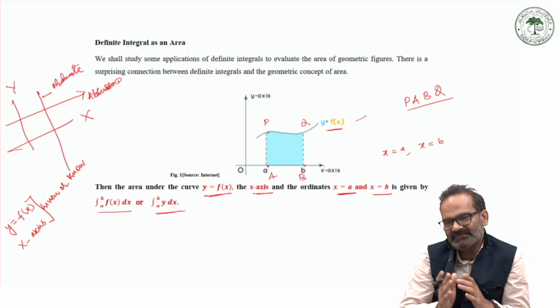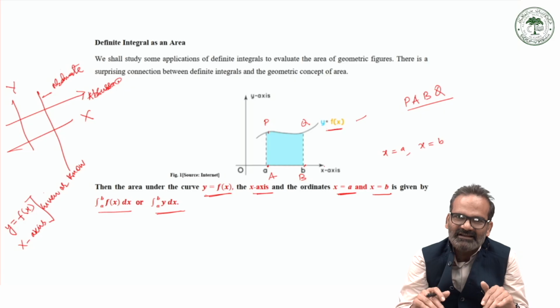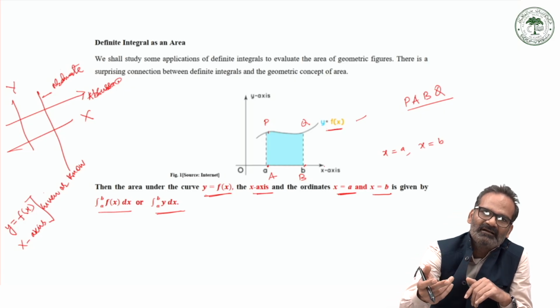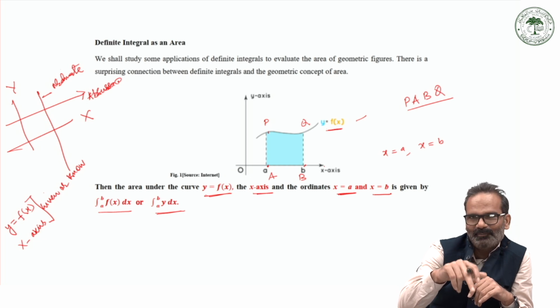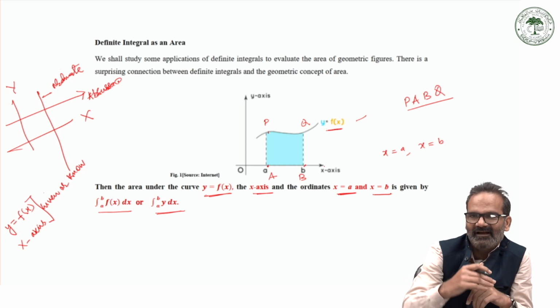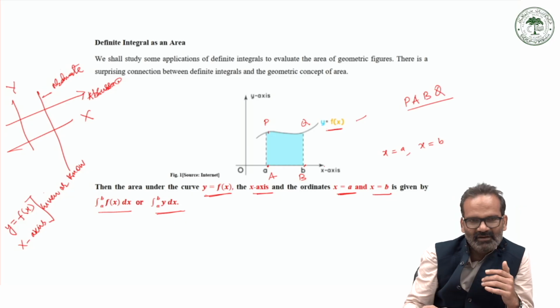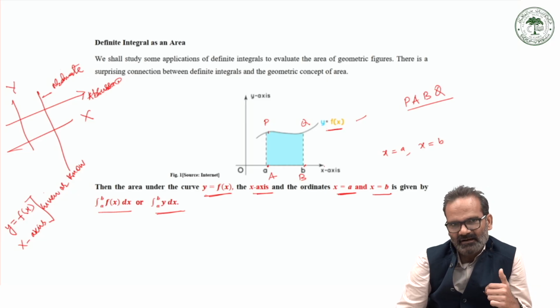In the other case, if ordinates are not given, then put y = 0 in the given curve or function and solve it for x. The values of x so obtained will be treated as ordinates. And then you can use either the formula of f(x) dx from a to b or y dx from a to b to find the integral of the given function, right?